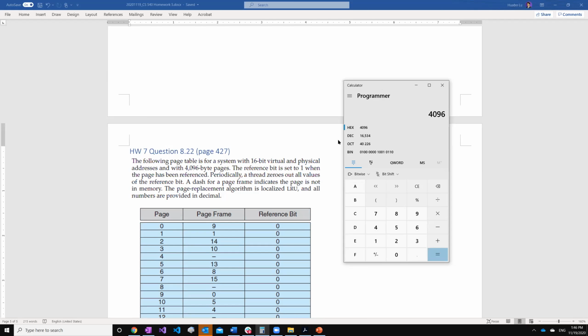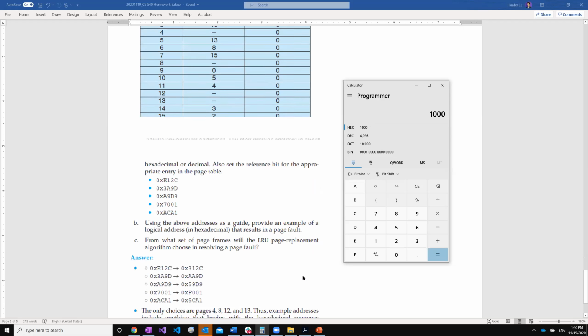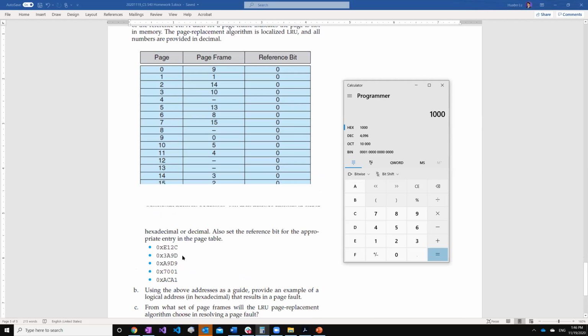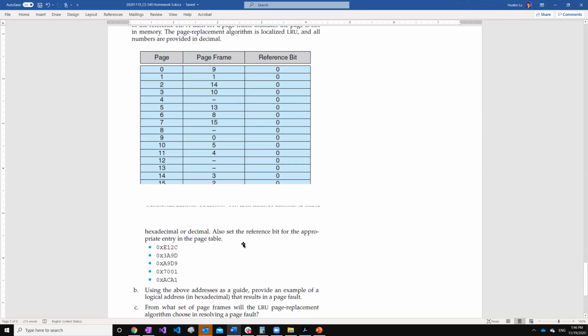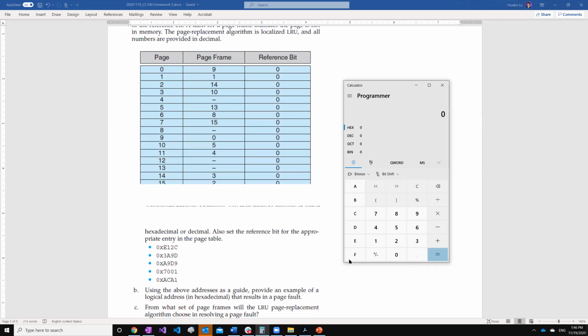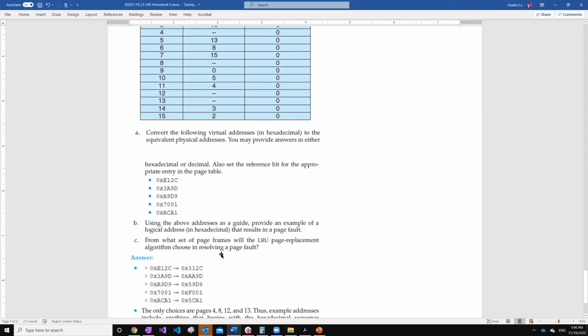In decimal it is 4096, in hexadecimal it is 1000. Recall this number 1000. I'm going to copy it. To get this answer, it becomes fairly easy. How to do that? Well, I need to know about the physical address, right?